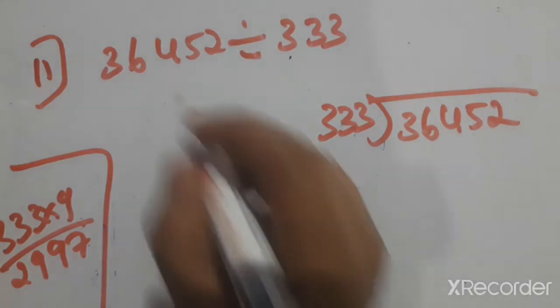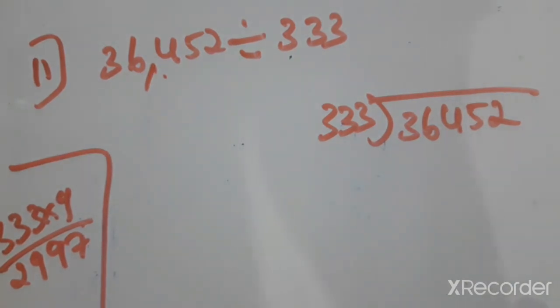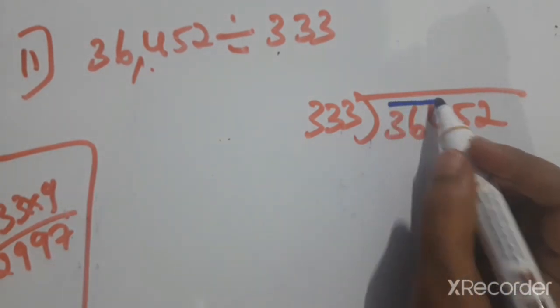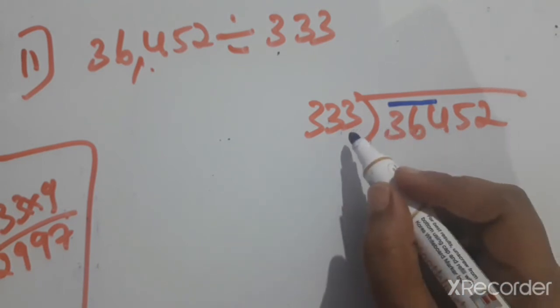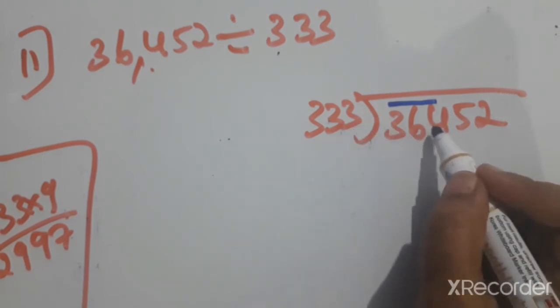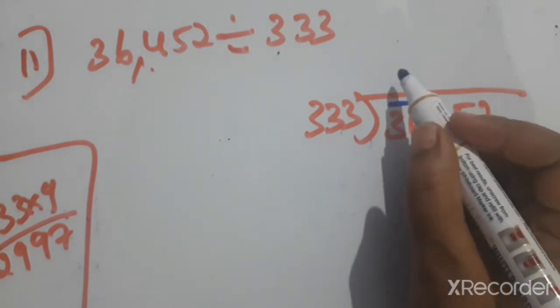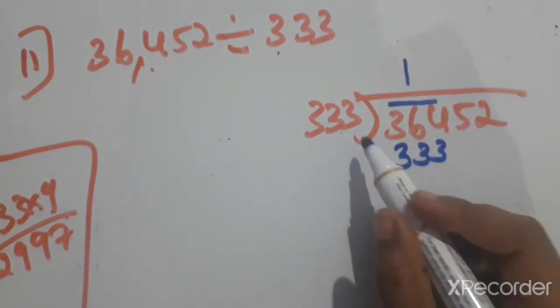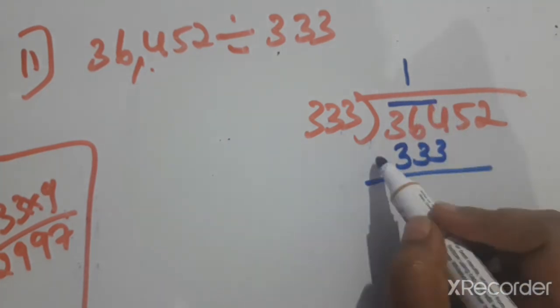Now 11th question, 36,452 divided by 333. Now 364, whether we can divide 364, yes, because 364 is greater than 333, so we can divide. 333 ones only, because 333 twos is greater than this number.